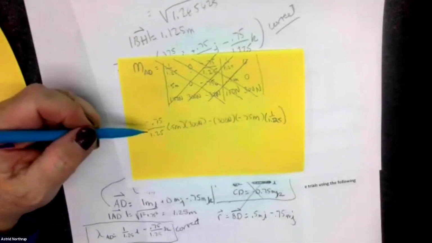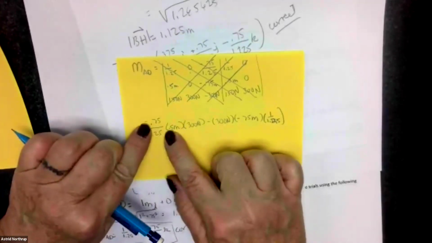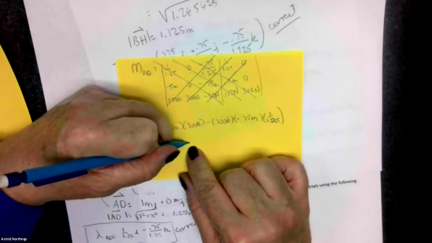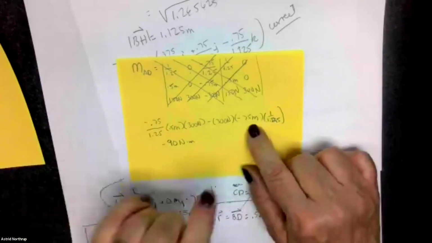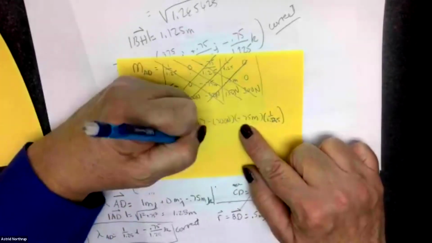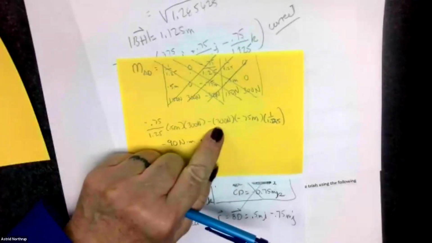All right. So if I do the math on that, I get 0.75 times 0.5 times 300 divided by 1.25. My first term turns out to be negative 90 newton meters. And my second term, I have a negative times a negative, so that's going to be a positive.